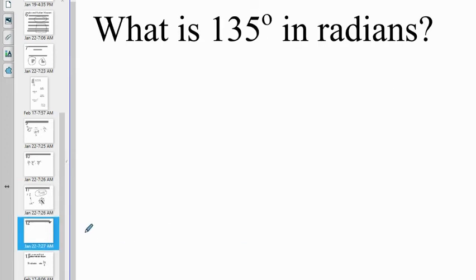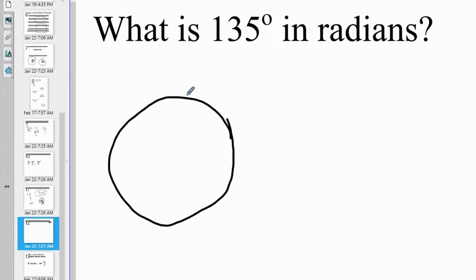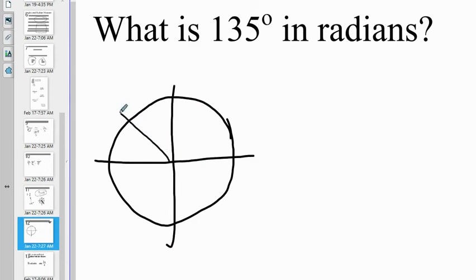Similarly, going in the opposite direction, 135 degrees. I'm going to the unit circle and thinking about 135 degrees. That's over here. It's 45 degrees 3 times: 45, then 90, then 135.